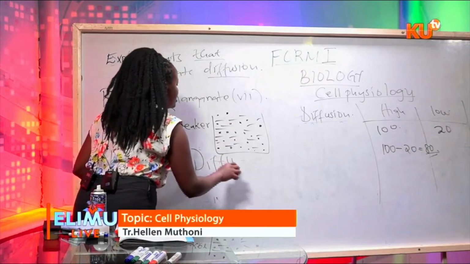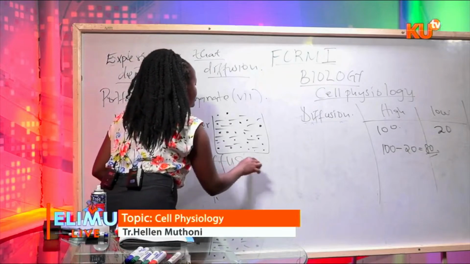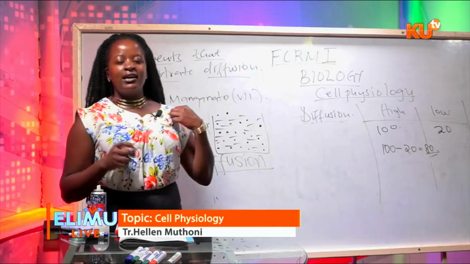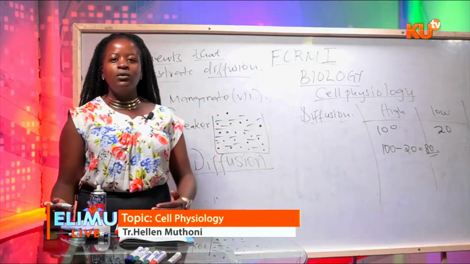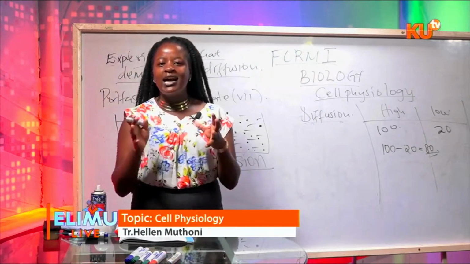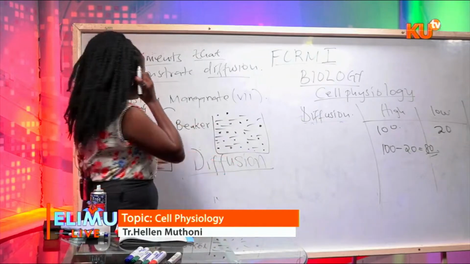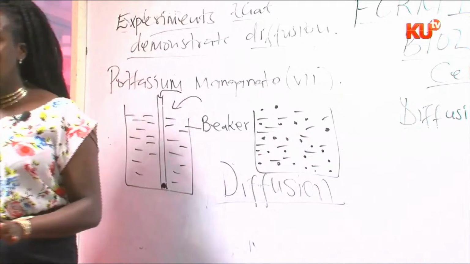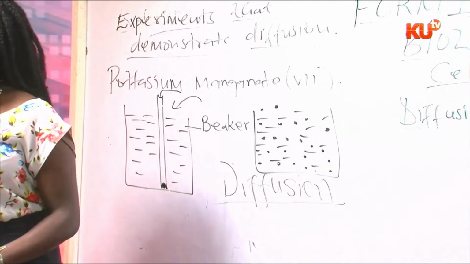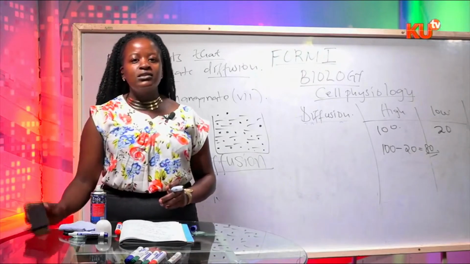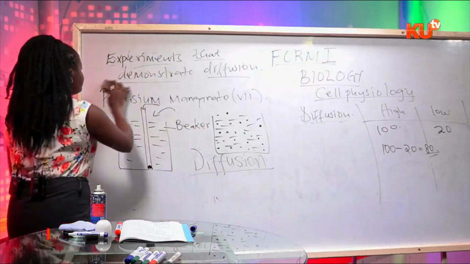What made these particles spread is the process of diffusion. So you can see that every molecule, every particle is moving from where it is in high concentration, that is this point, and it is spreading to where it is in low concentration. That is the first experiment that is used to demonstrate diffusion.